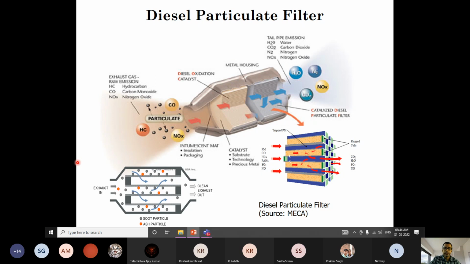There are two terms we need to be very careful about. Sometimes we use soot, and sometimes we use particulate. In general language we use either, but there is a technical difference between these two. Soot is a solid carbon particle.